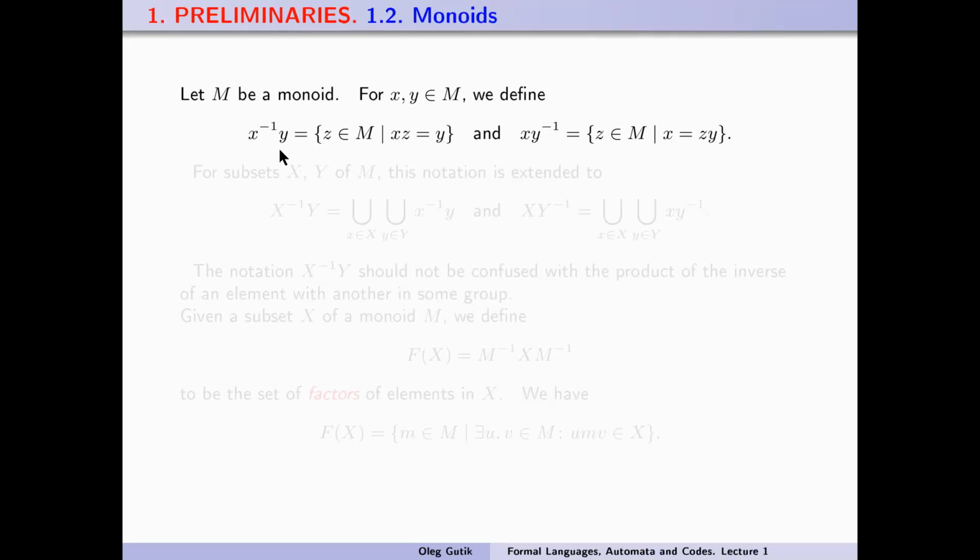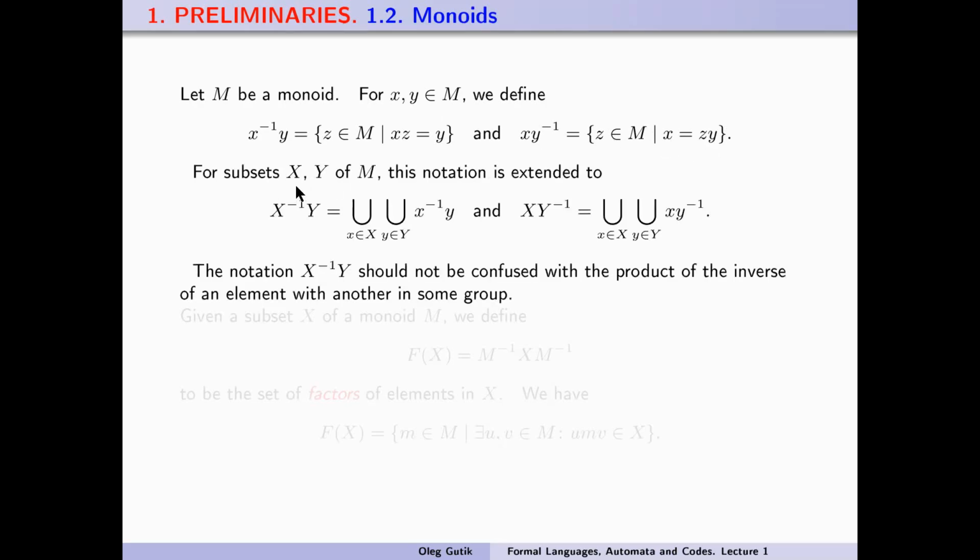This means that the set x minus 1 y consists of all solutions of the equation xz equal to y. And similarly we get the following set, x y minus 1. It consists of solutions of the equation x equal to zy.